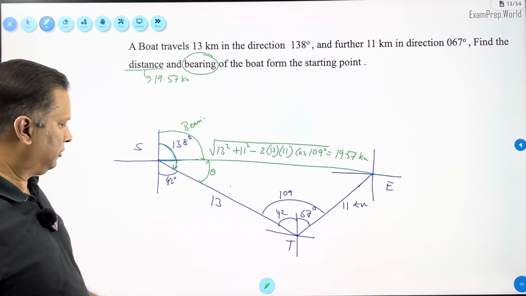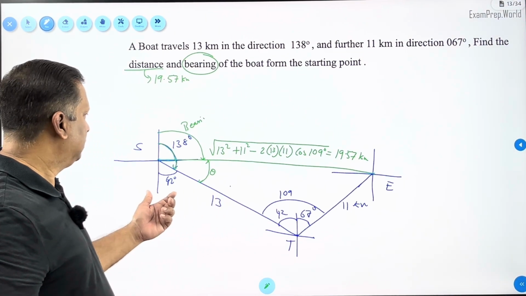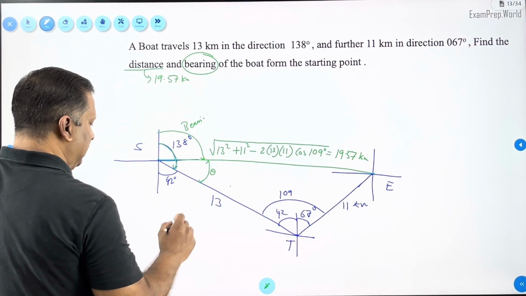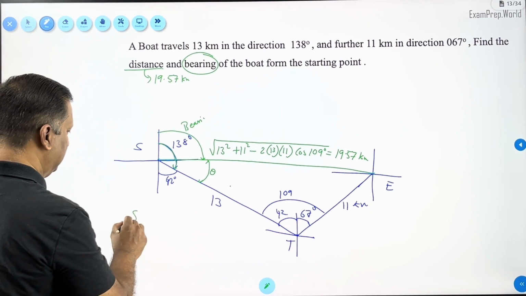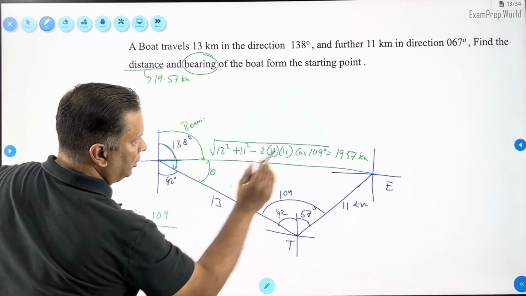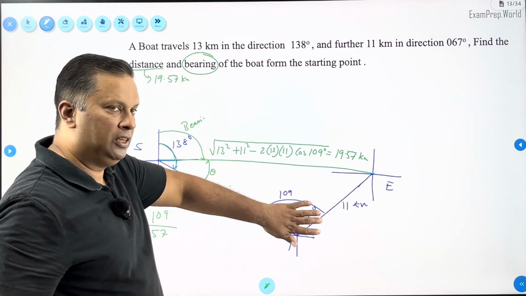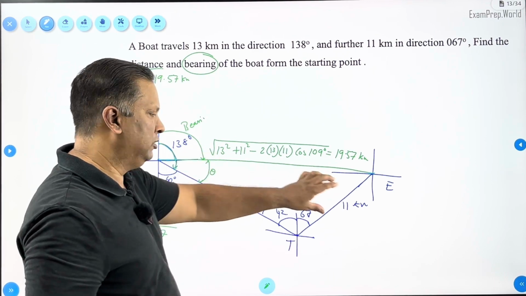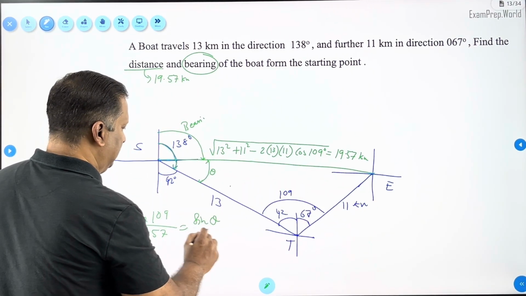How to get this theta? You can use the sine rule, because you already have this angle upon this side. So I will write sine of 109 over 19.57, the sine of this angle opposite to this side, should be equal to sine theta over 11.